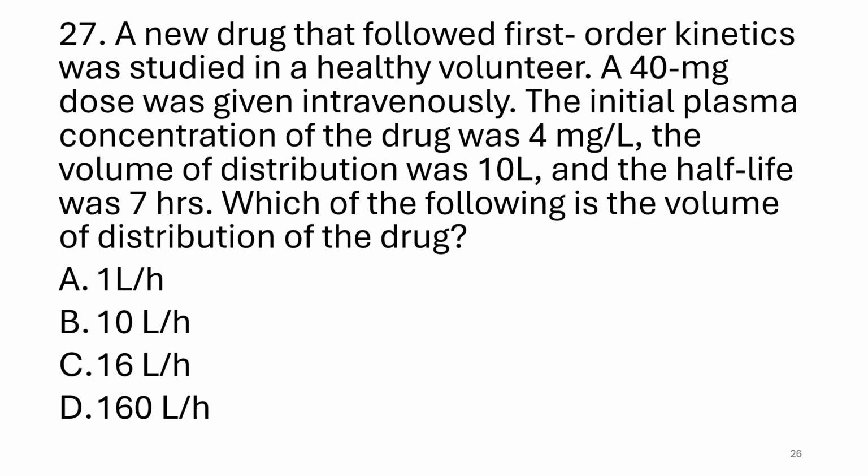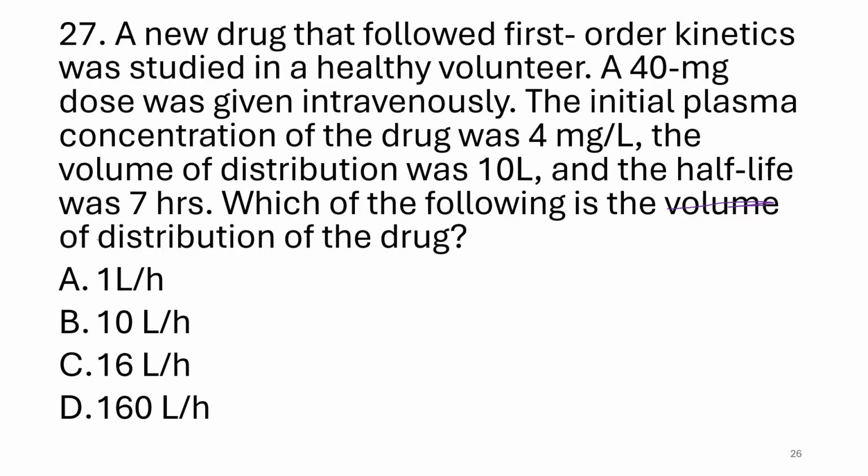So which of the following is the volume of distribution? Okay, in this question we already gave the volume of distribution. I think we need to skip; we have some issue with this. I think we are not asking for the volume of distribution here.